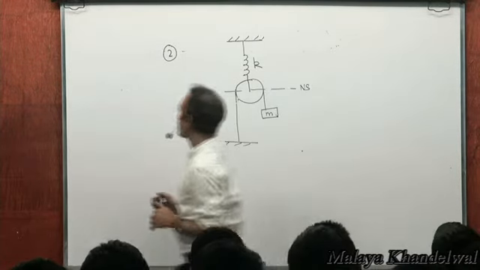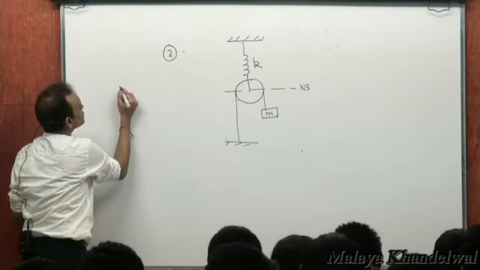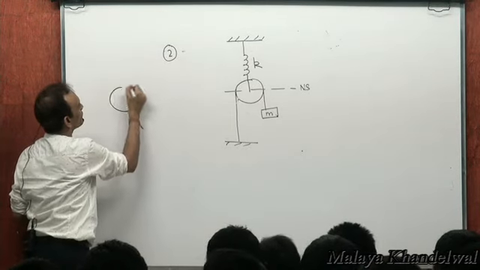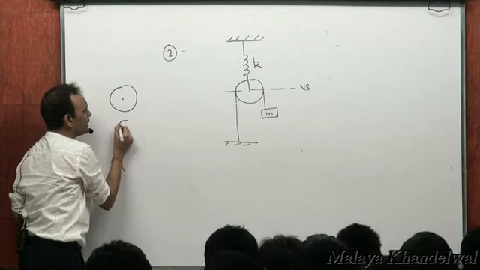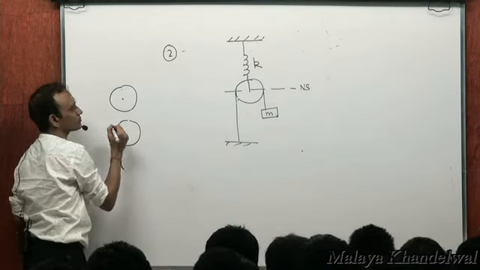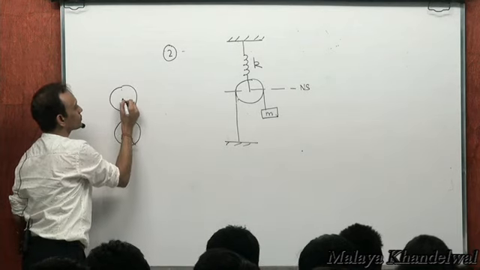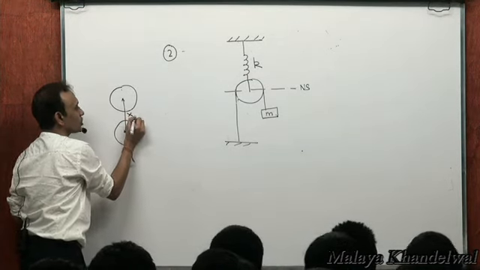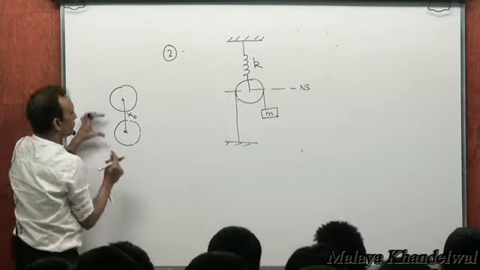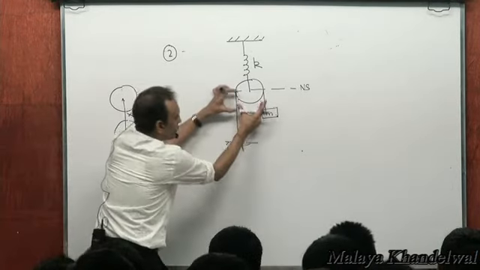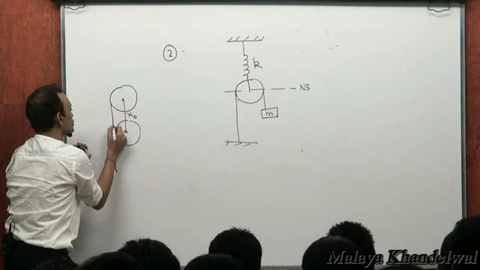Now, one thing, this was the pulley, right? If the pulley moves down by an amount, say x naught, then this was the original position of the pulley.